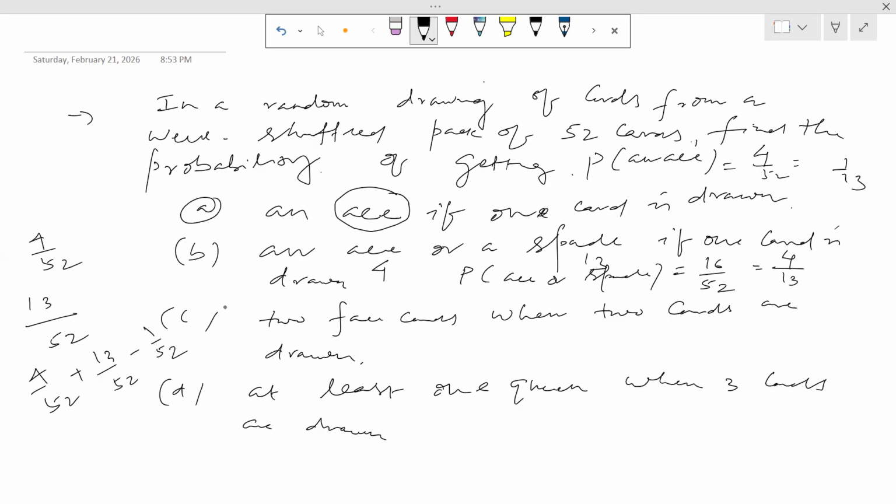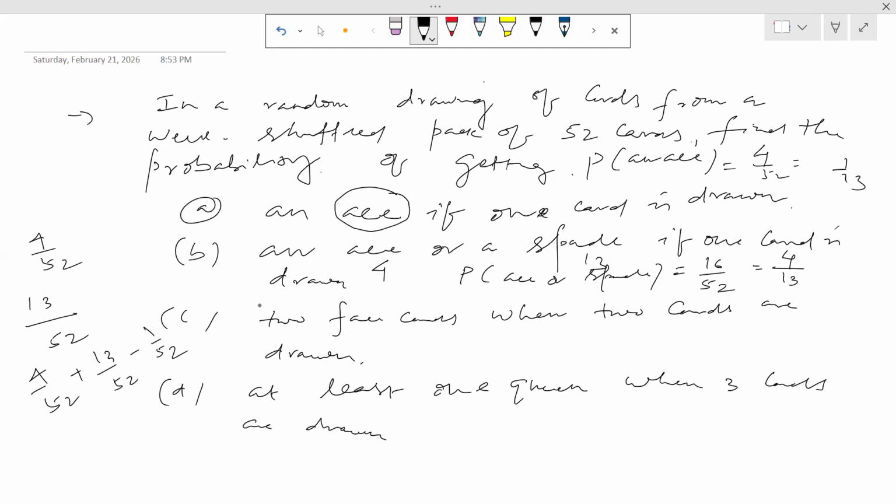So now Chinmay, is it clear? Yes sir. Okay, thank you. So our answer is B, 16/52, that is 4/13. Next question: if two cards are drawn, there are how many possible outcomes, out of which two face cards will occur, right?